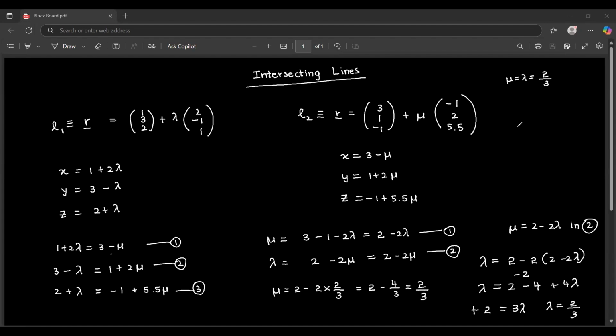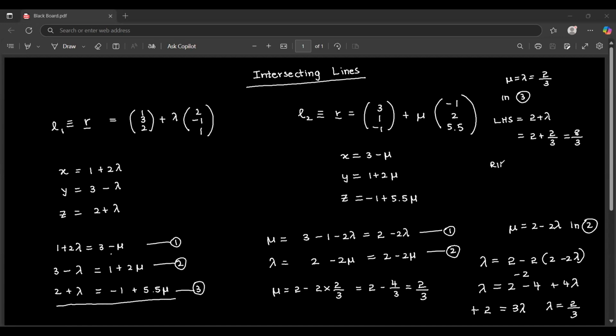That's what we got. Well, we can't stop here. We have to verify. That's where the third equation comes into play. So in the third equation, LHS states 2 plus lambda. So 2 plus lambda is equal to 2 plus 2 over 3, so that is equal to 8 over 3.